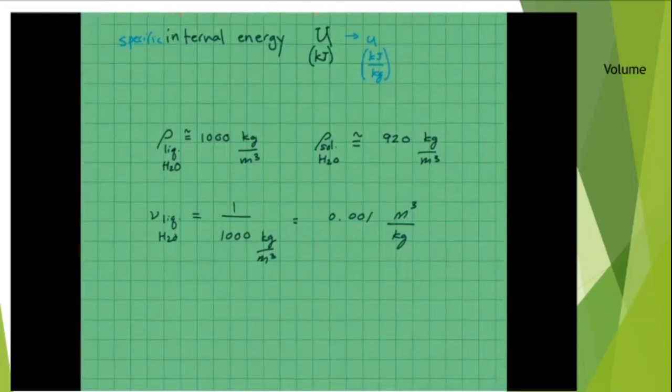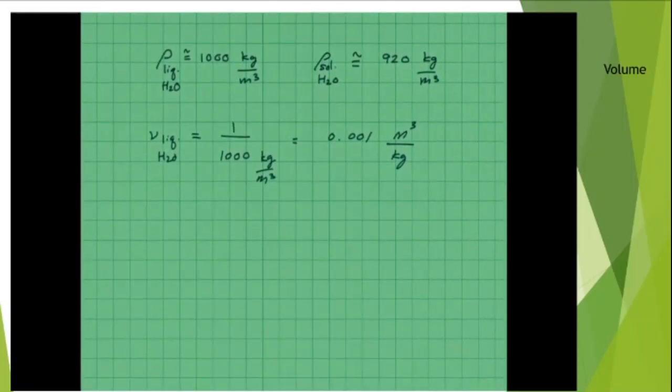And I can compare that with the specific volume of solid water or ice. So I have 1 over 920 kilograms per meter cubed. So that gives me 0.0011 meters cubed per kilogram.